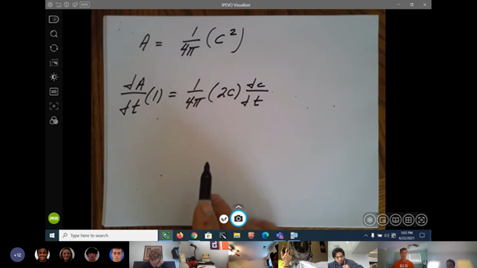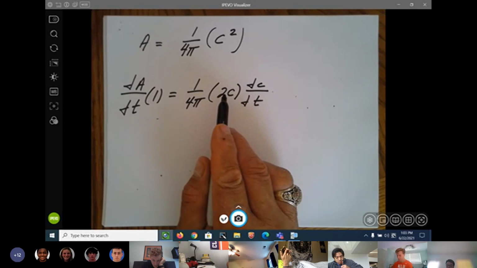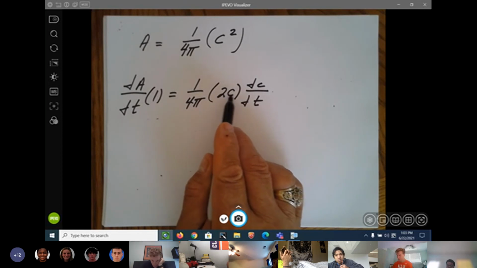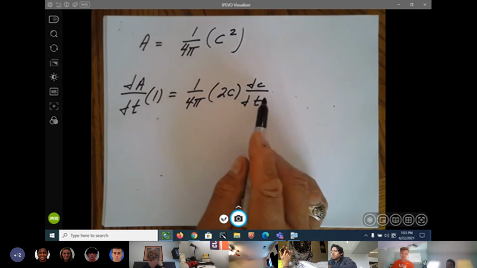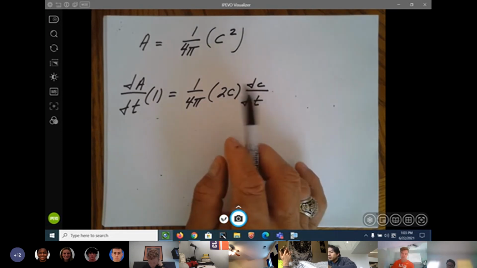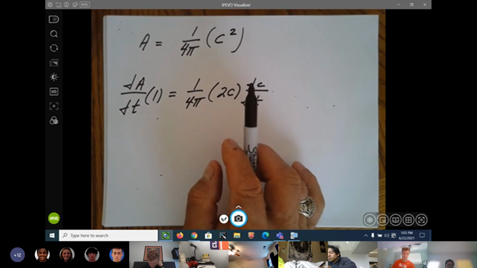Now we know the circumference is equal to 1. And we don't have dC/dt. We got dC/dt from the beginning.